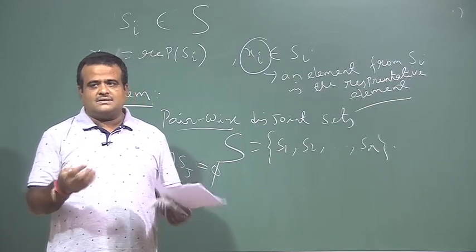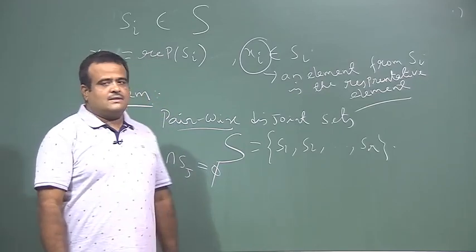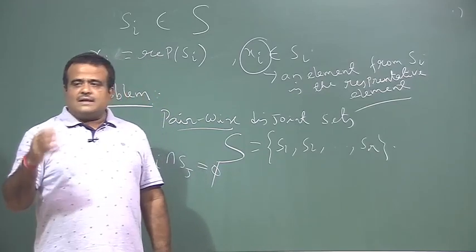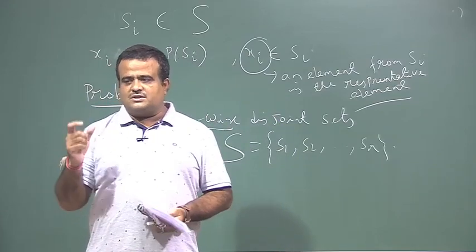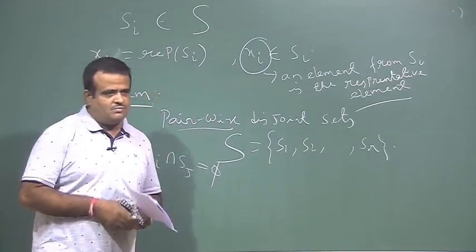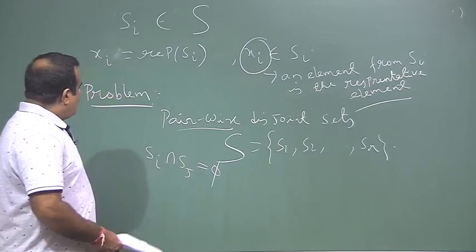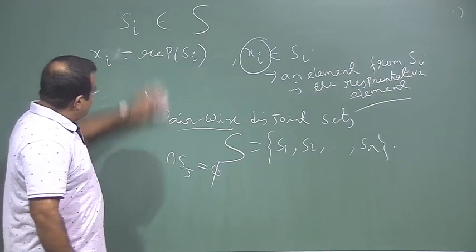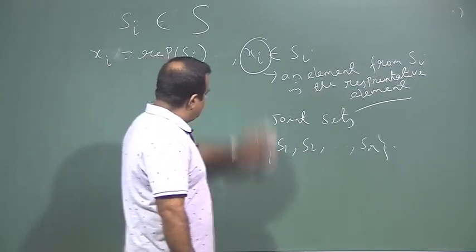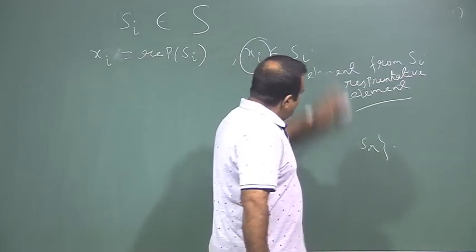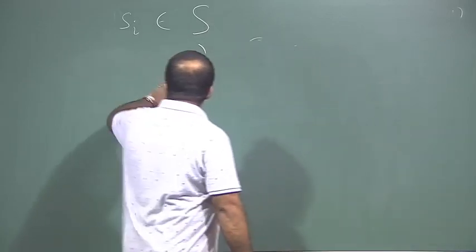And this element is a distinguished element, so we should be able to tell what the representative element of the set is. This is the distinguished element from this set, called the representative element. Okay. So, given this dynamic collection of sets along with the representative elements, we would like to perform a few operations.